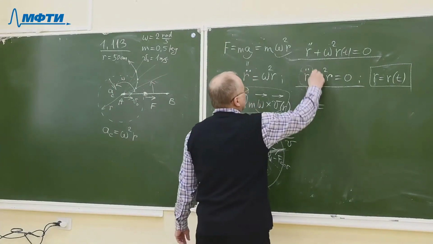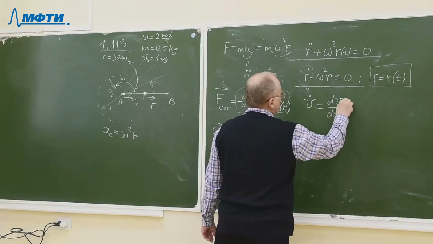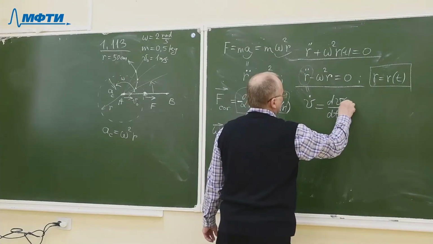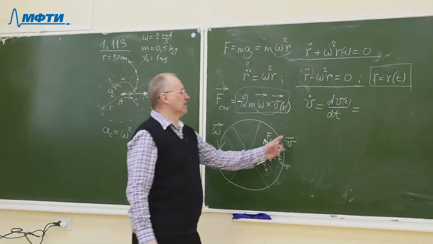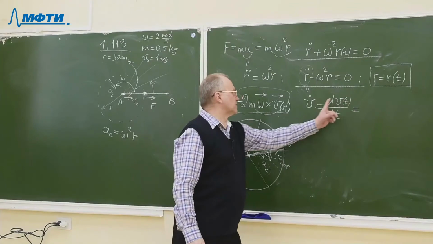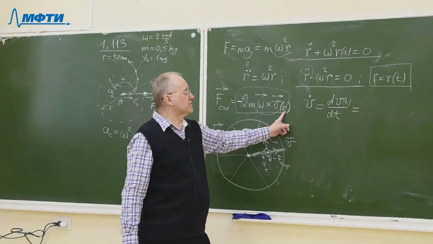So the first term here is dv dt, and v is a function of time. How can we find another function, v not as a function of time, but v as a function of distance r? How can we do it?